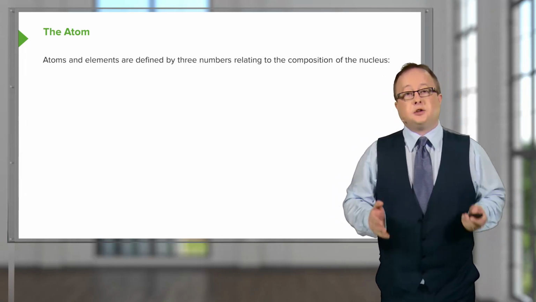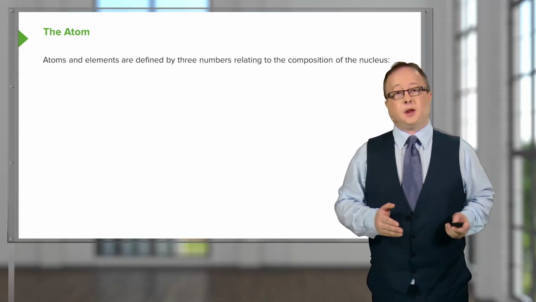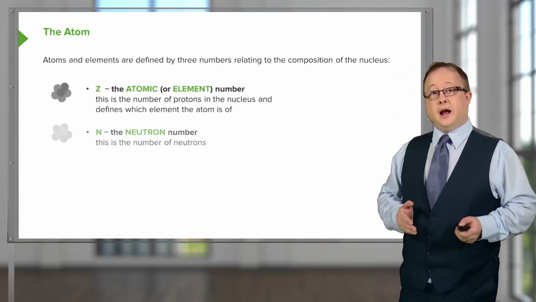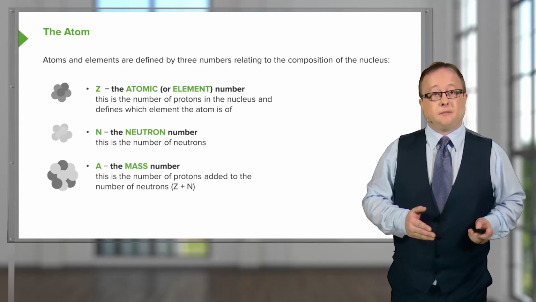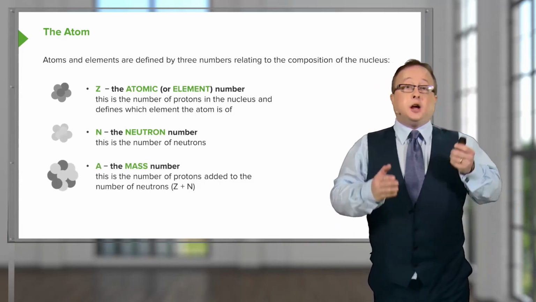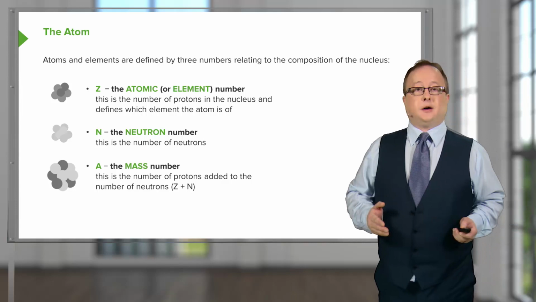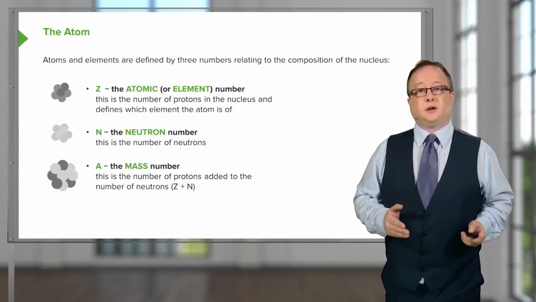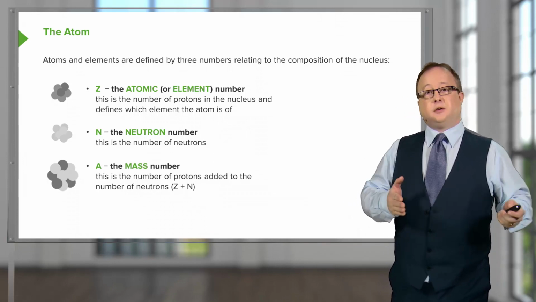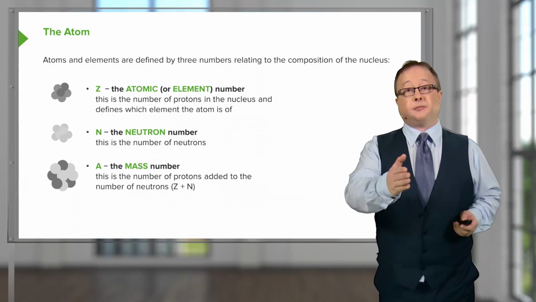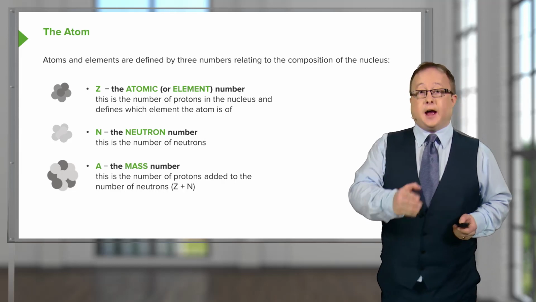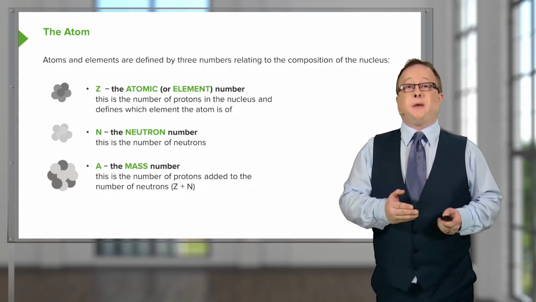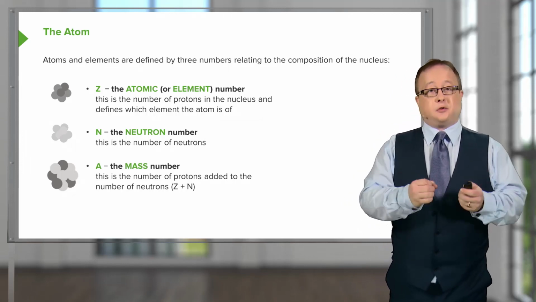And there is some nomenclature that you should also be familiar with, and that is shown here on the board: Z, N, and A. Z correlates to the atomic number or element number, and this relates to the number of protons in the nucleus and defines which element within the periodic table the atom actually is. N is the number of neutrons, which is, obviously, as we would expect, the neutron number.